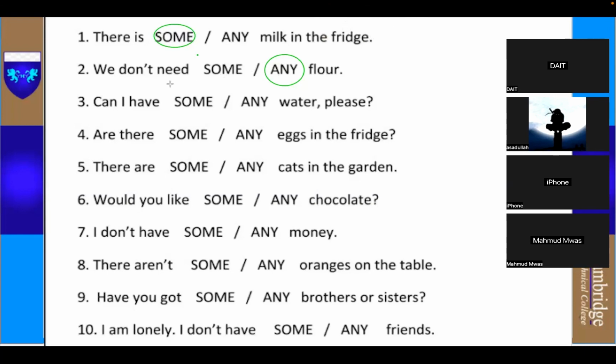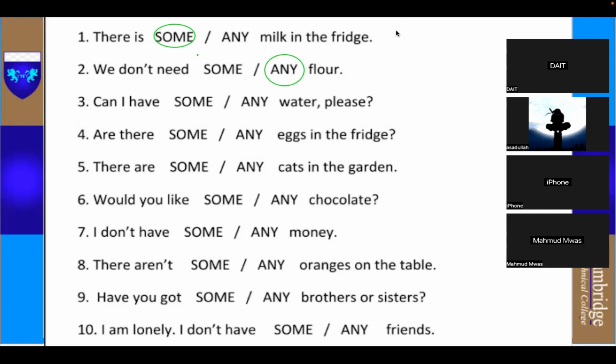Because any is for negative or question. Yes, but also, water, is it countable or uncountable? Countable. I thought it was always I have some. Can I have some water? I always say some water. Yeah, I'll explain the rule between any and some.